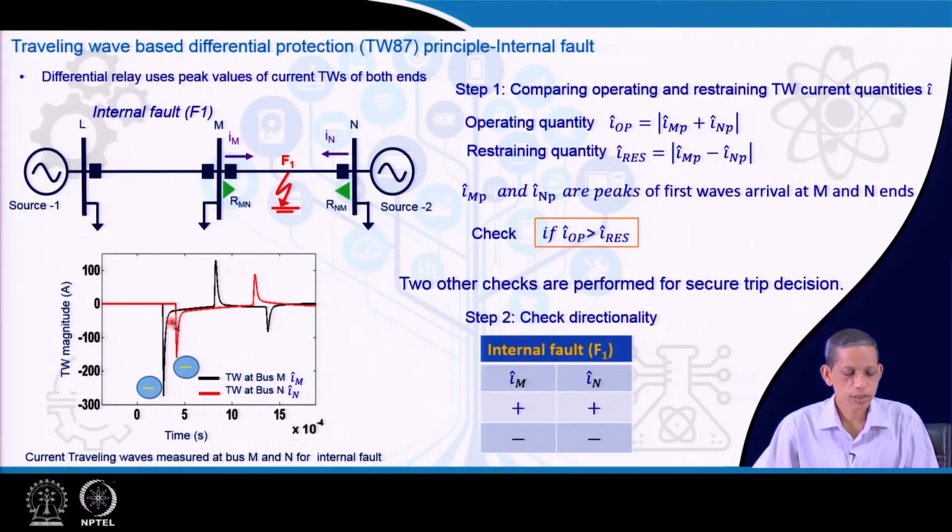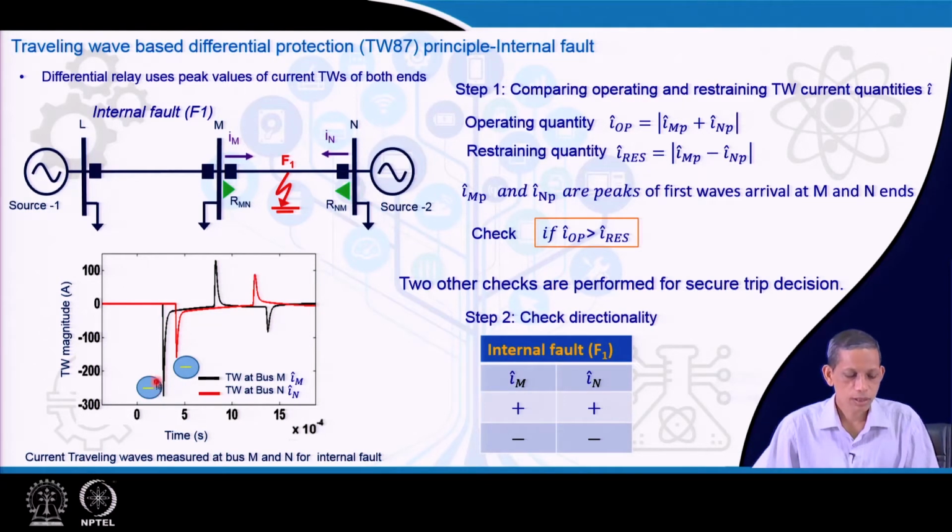So, it is reliable to use the first travelling wave, and that is why I am talking about its peak value. Again, the duration of this is a few microseconds, so comparing every detail of it is also not that easy.